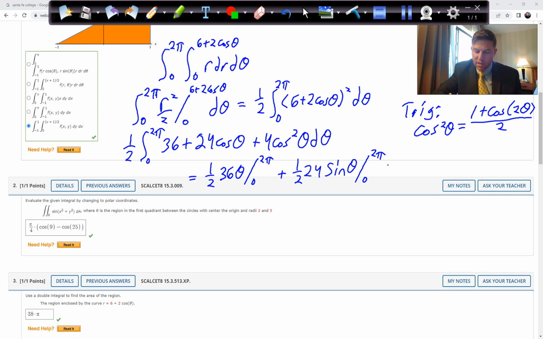So it's going to be plus 1/2 from the outside of this integral times the 4 times the 1/2 from this formula of 1, which is going to become theta, plus it's going to be the same stuff, 1/2 4, another 1/2, and then the antiderivative of cosine 2 theta is going to be, oh boy, I'm going to run out of room here. It's going to be sine 2 theta over 2.